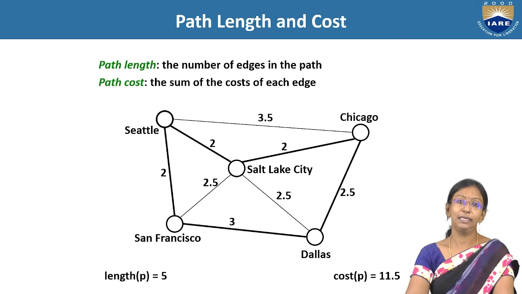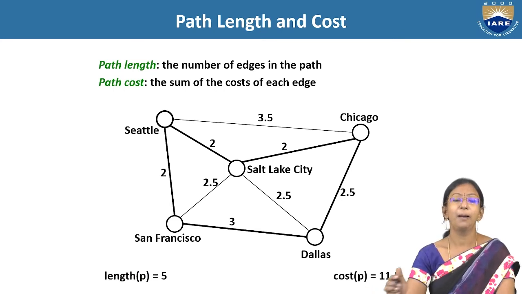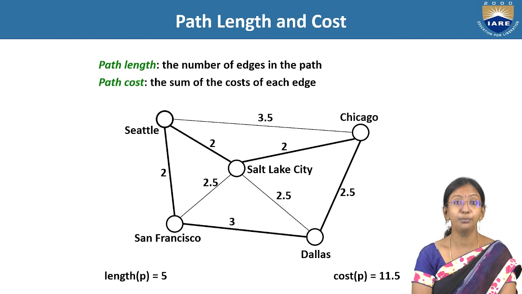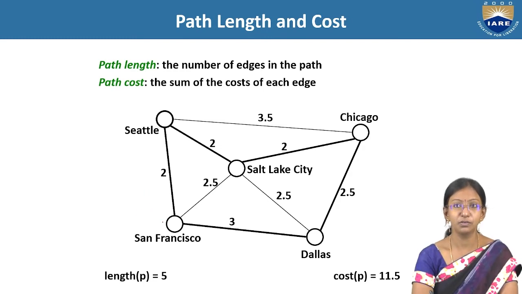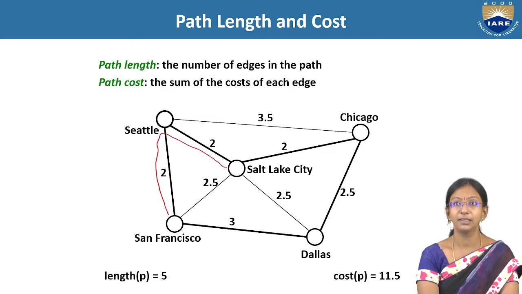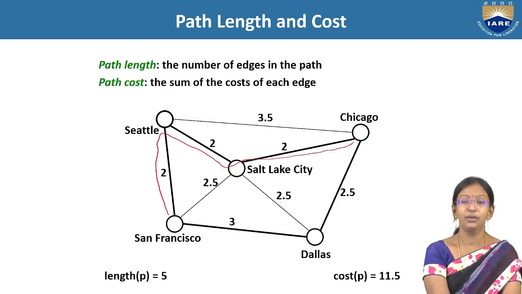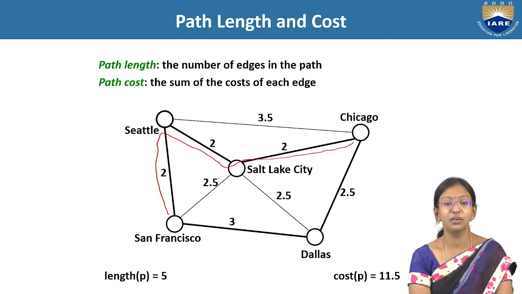What is path length and cost? Path length is nothing but the number of edges present in forming that path. For example, from San Francisco to Chicago, if I travel via Seattle and Salt Lake and reach Chicago, how many edges have participated in this path? Three edges.